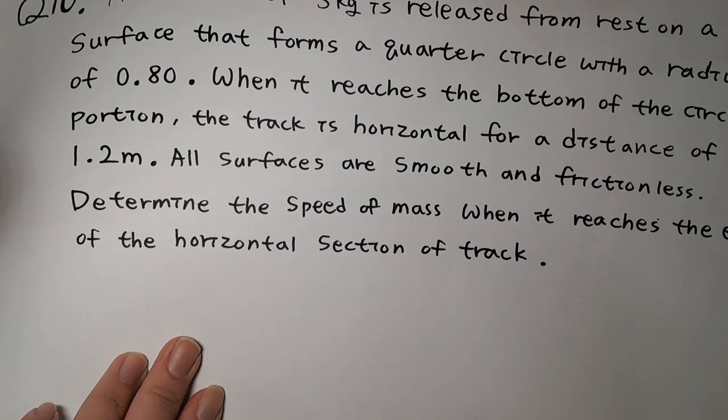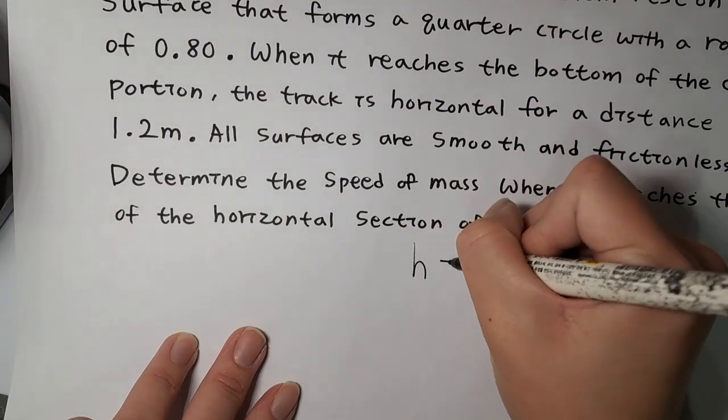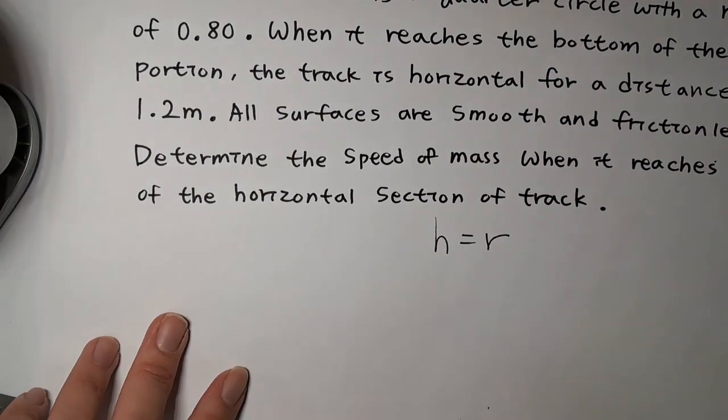The potential energy at the top of the curved section of track is transformed into kinetic energy. The initial height is equal to the radius of the curved section of track. So the height is the radius. Height is equal to radius.